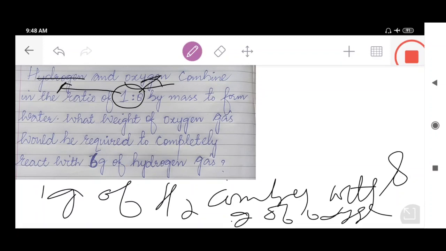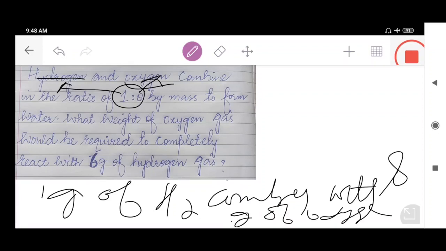Now the question asks what weight of oxygen gas would be required to completely react with 6 grams of hydrogen gas. This is quite simple. 1 gram of hydrogen combines with 8 grams of oxygen.